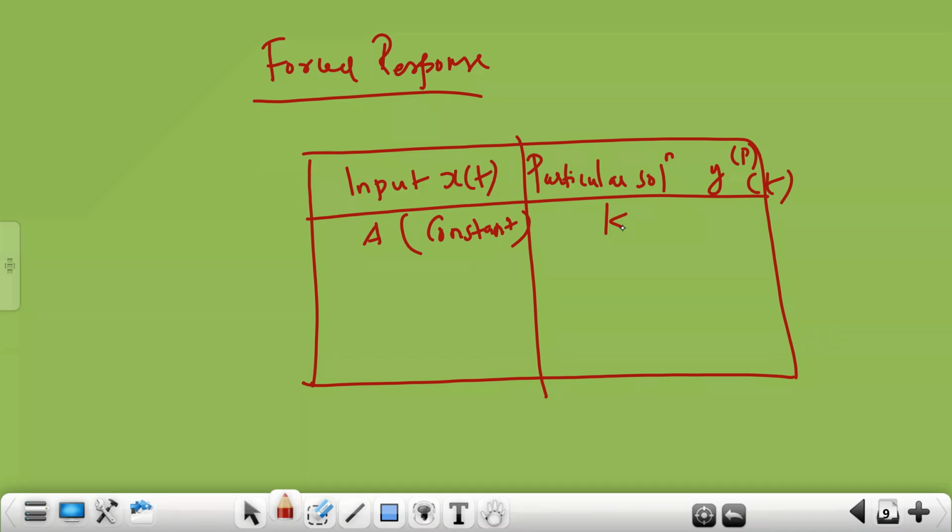Now, if you are giving an exponential signal like A into e to the power minus at, then correspondingly your particular solution will be k into e to the power minus at.